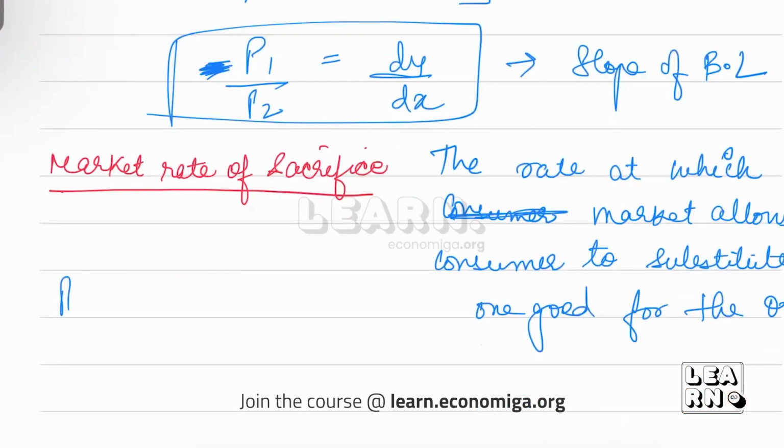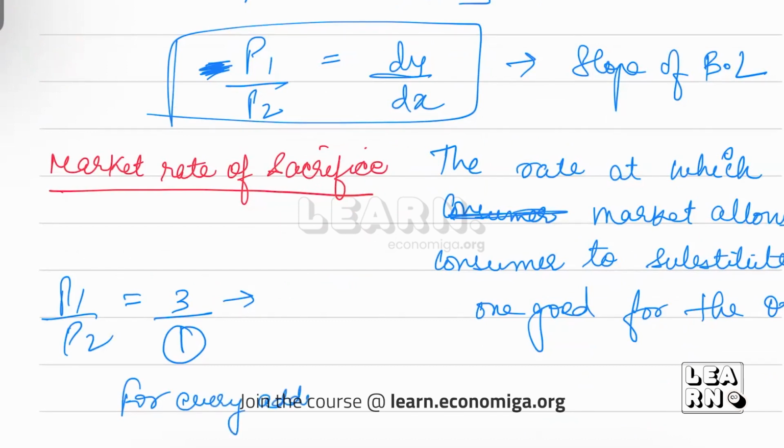So P1 by P2 equal to 3 by 1 tells you that for every additional unit of good X, sorry, the consumer needs to sacrifice 3 units of Y. This is according to the market.